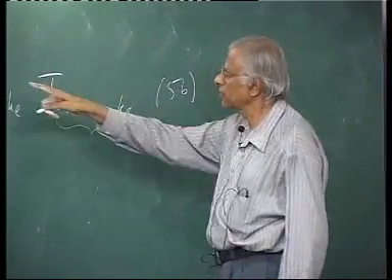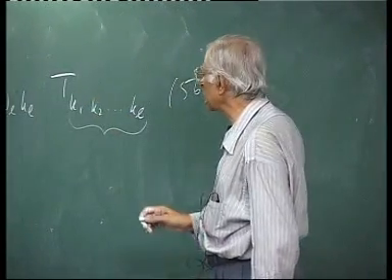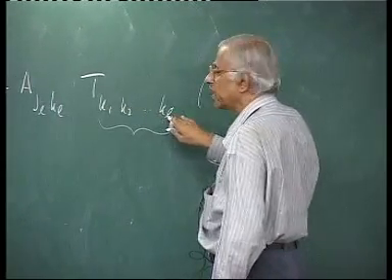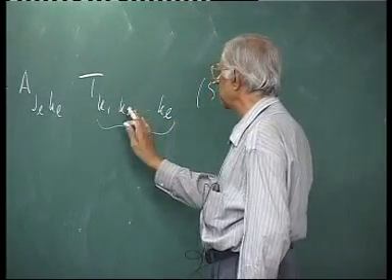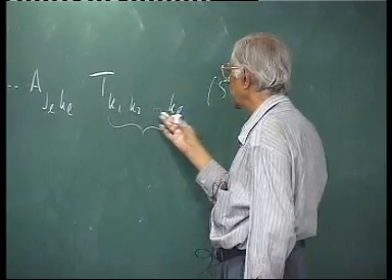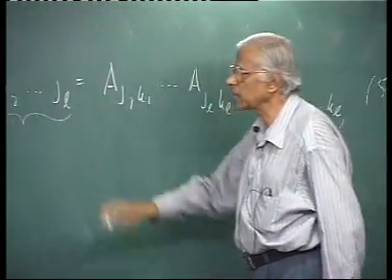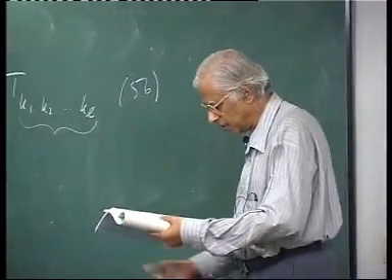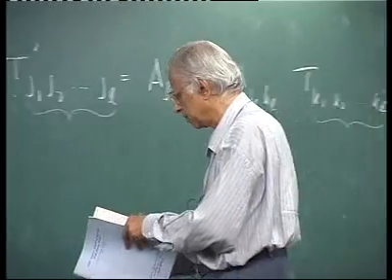Whatever it was here, it will appear there also. In particular, suppose this was completely symmetric, symmetric under interchange of any pair of the indices. T prime will also have that symmetry. All right, so this is very easy for you to appreciate.